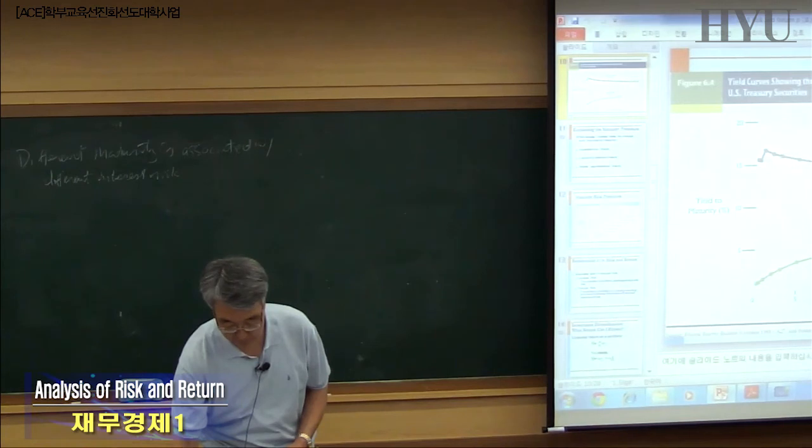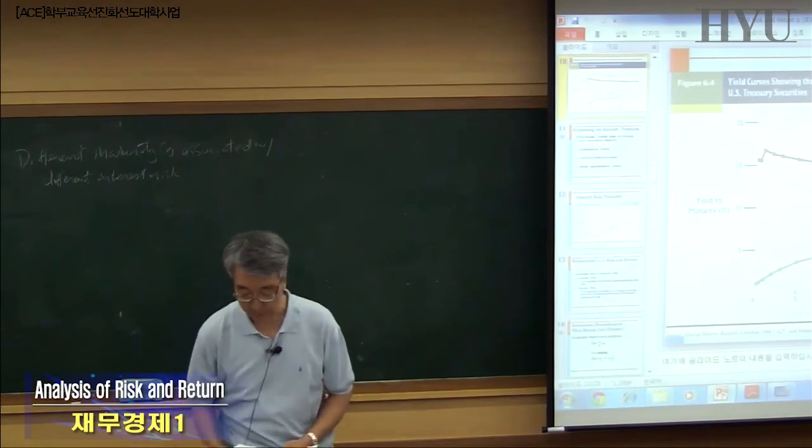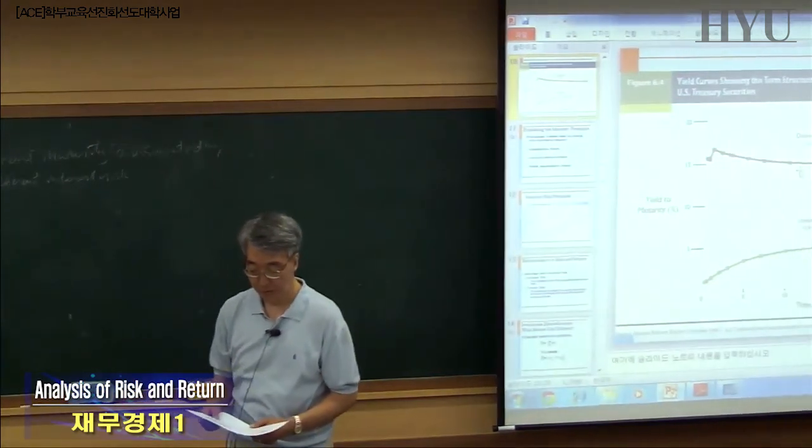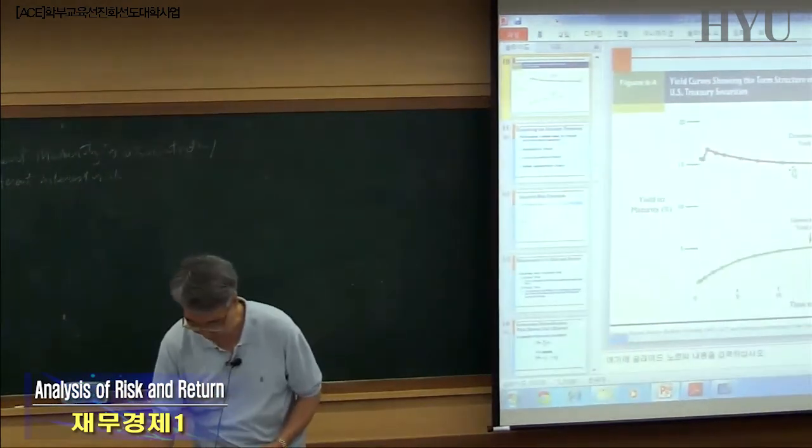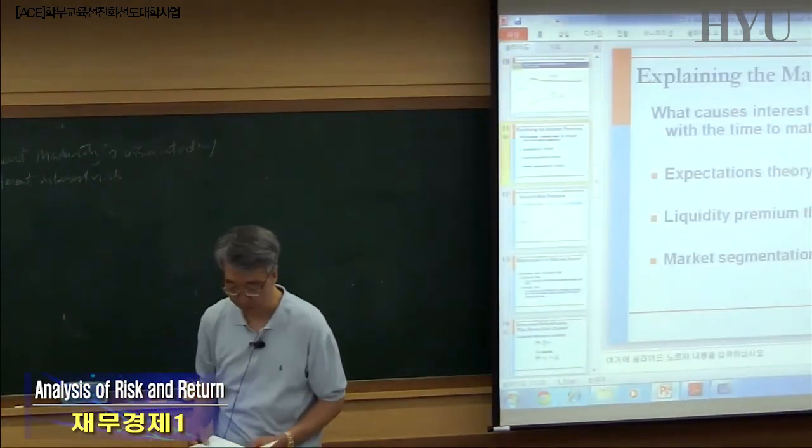If people expect interest rates to be lower in the future, 10 years later, 20 years later, then you will see the lower interest rate for the longer maturity, right? So that's the idea of expectation theory.